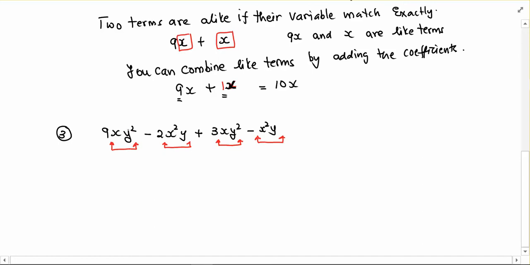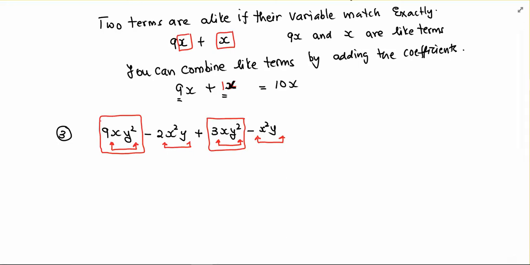That does not match with this second term, which has x squared with y. So really, the two things that match are this one here, this term right there, and this term right here. Those are the two terms that match, right?